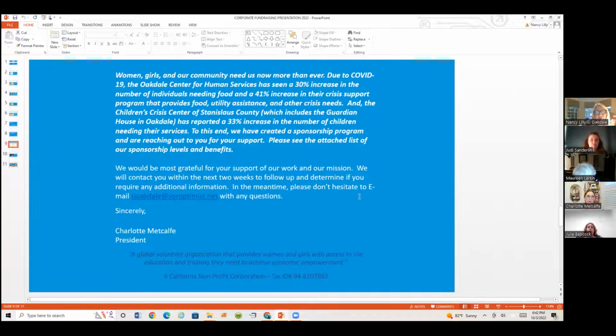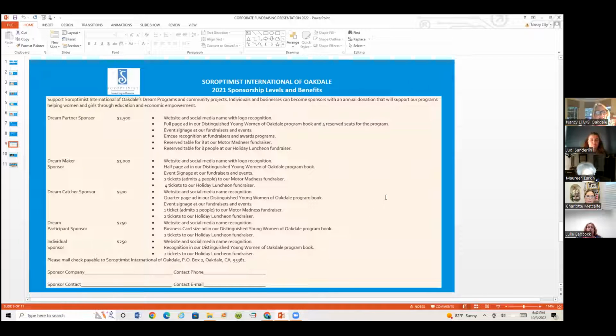And then this is the benefit sheet that we put together. And you can see that we have our Dream Partner sponsor for $2,500, our Dream Maker sponsor for $1,000, and on down the line. And then how much it costs to be that donor level.